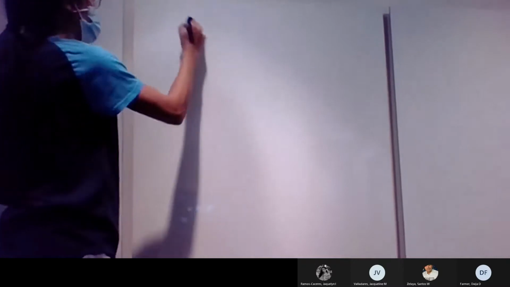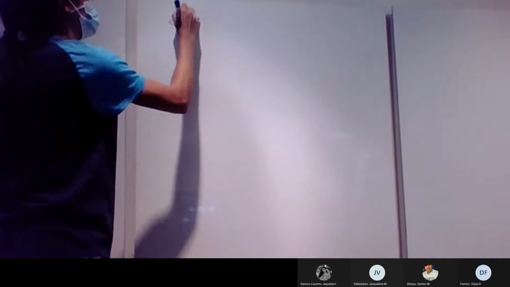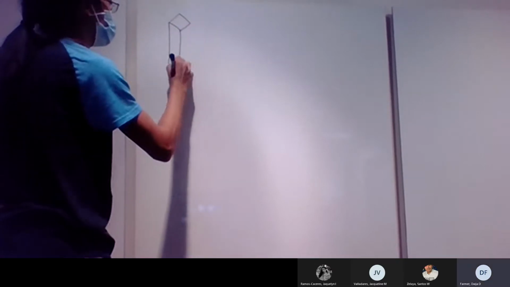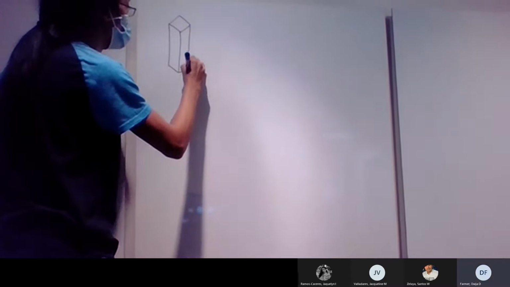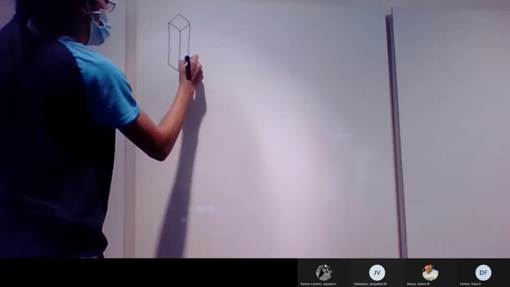All right, so we're gonna do 4. We're gonna start off with 4A for this one. First, I gotta draw the thing. I'll just draw an axonometric. Good enough.